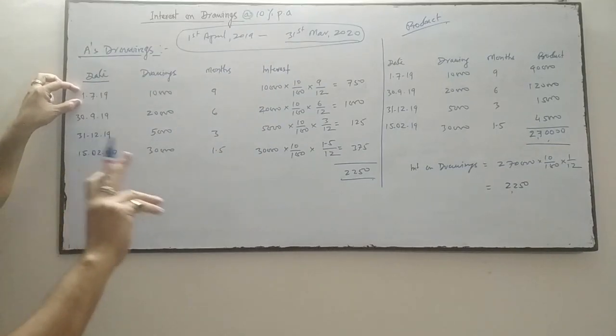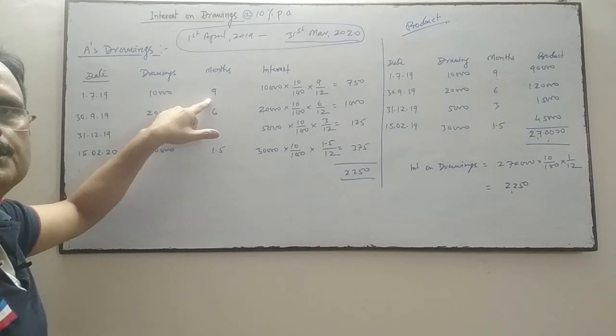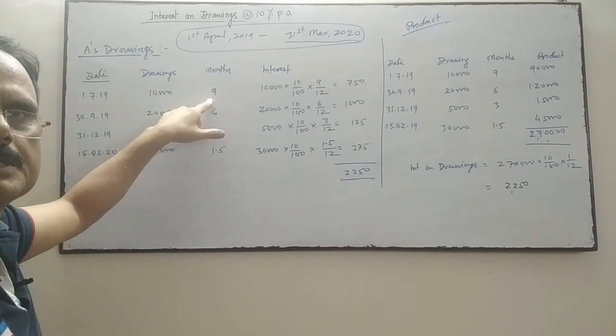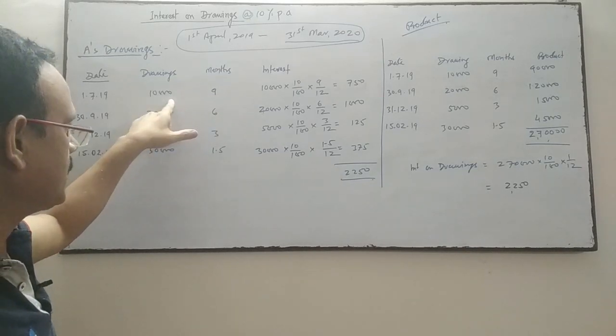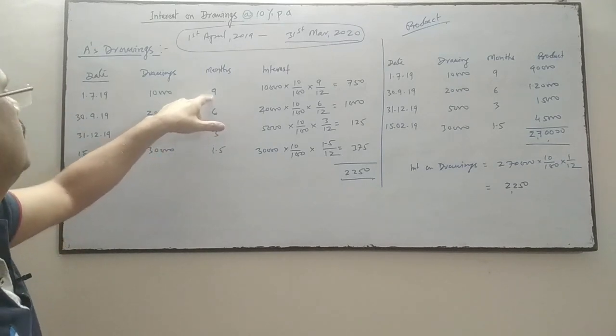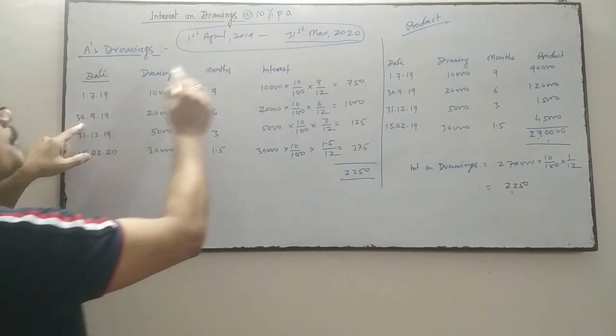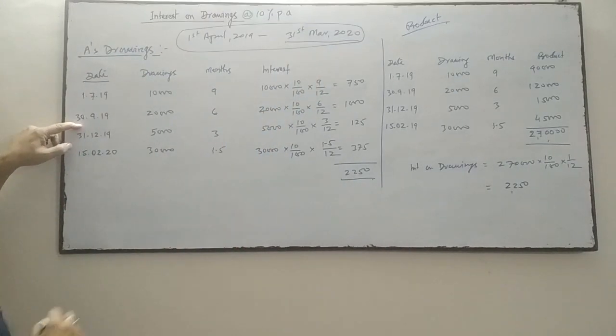So July to March, total month is 9, which is used by the proprietor for his personal use. Now second amount is withdrawn on 30th September. So 30th September to 31st March, it's 6 months.